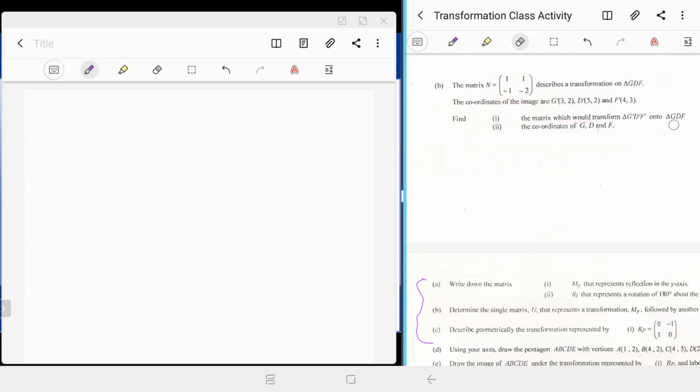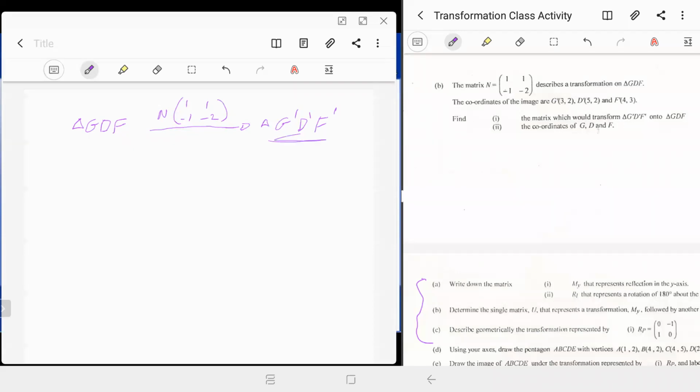So I'm going to give a little schematic of what they're saying so you can see it. What they're saying is that triangle GDF is mapped by transformation matrix N, which is 1, 1, minus 1, minus 2, onto triangle G prime, D prime, F prime.